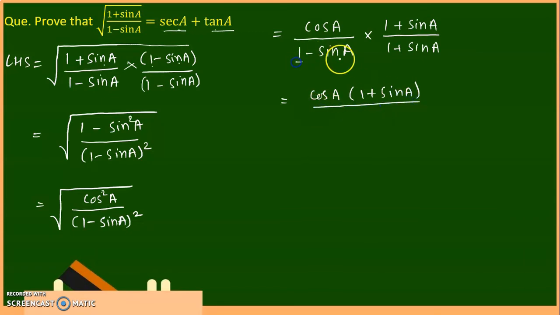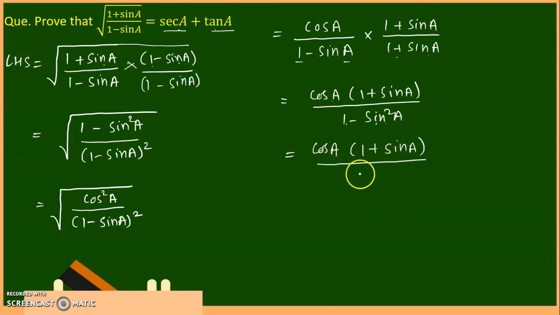In the denominator (1 minus sin A)(1 plus sin A), that becomes 1 minus sin square A, A minus B, A plus B, that becomes A square minus B square. So in the numerator cos A (1 plus sin A), and in the denominator we have 1 minus sin square A, that becomes cos square A. So here one cos A will be cancelled out.